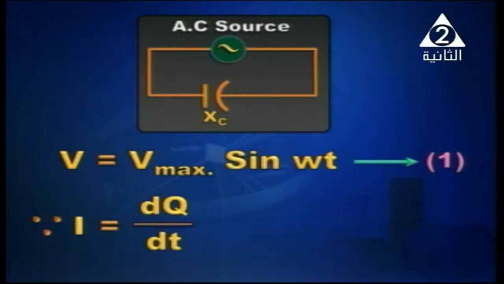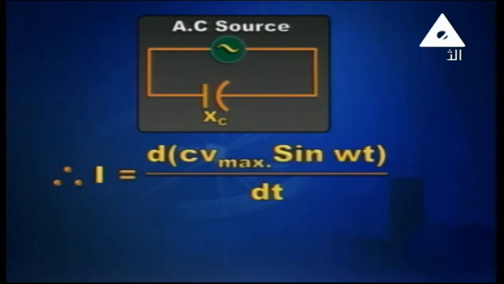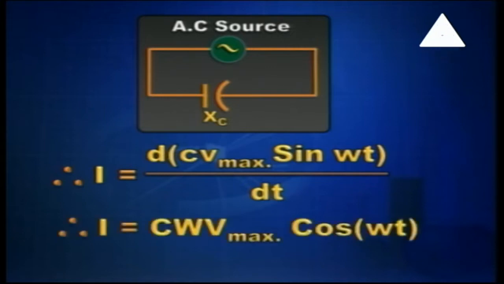And the current is given from Q over t, or dQ by dt. Since I is given by dQ by dt, substituting for Q, it is d by dt of C V maximum sine omega t. So I equals C omega V maximum cosine omega t.